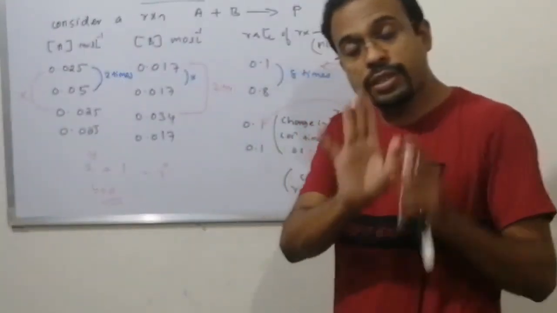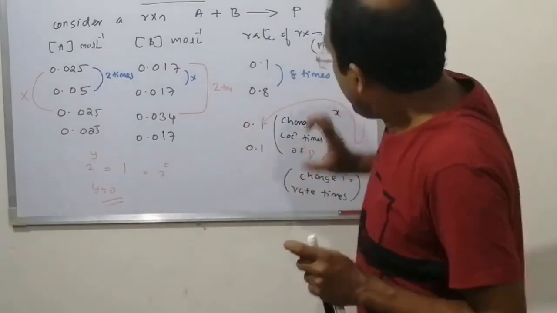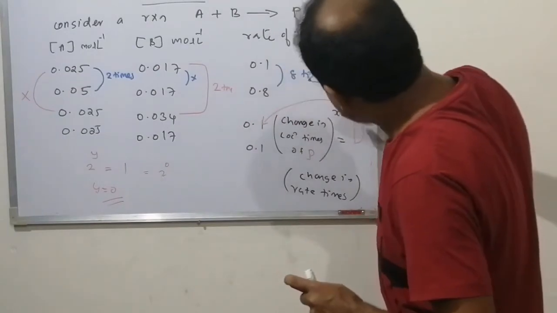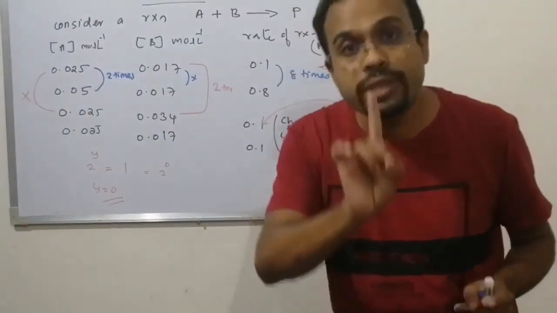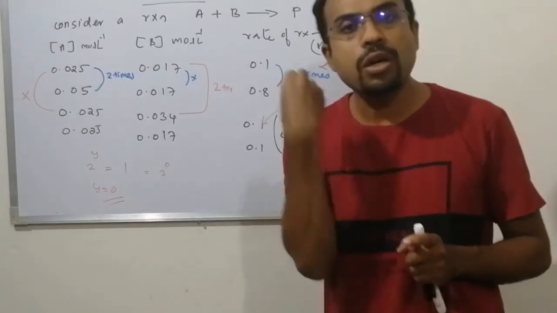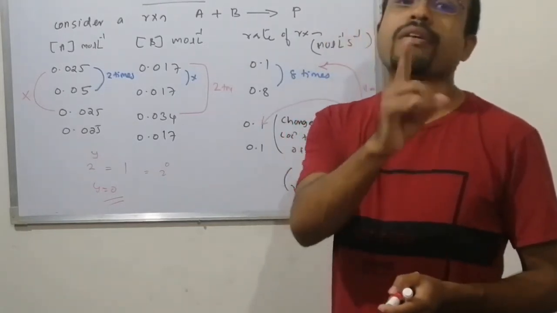Therefore, be very careful. It's a mind calculation. You don't need to do this type of calculation. If the concentration of any reactant changes, but correspondingly the rate is not changing, blindly answer without calculation: its order is 0.